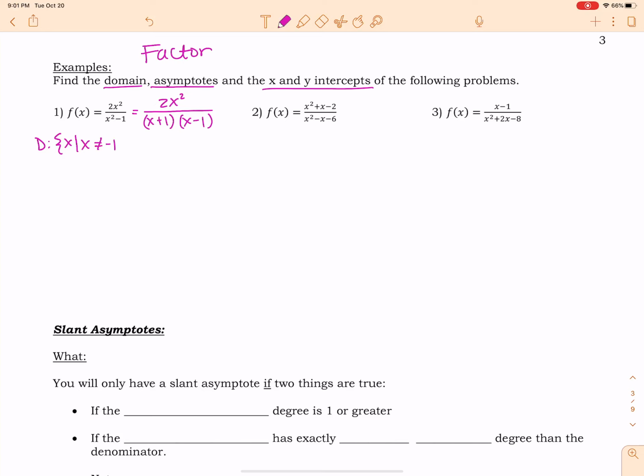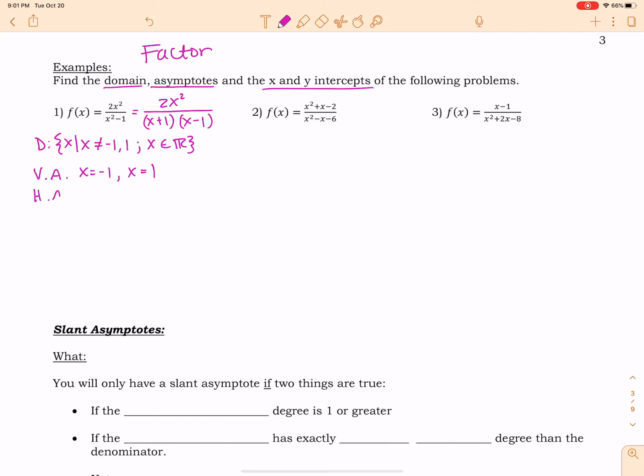So x can't be -1 or +1. Okay, so there I'm going to define my domain that way. Now what I'm going to do is jump right in with my vertical asymptote. And of course, my vertical asymptote occurs at those restricted values. We have 2 of them.